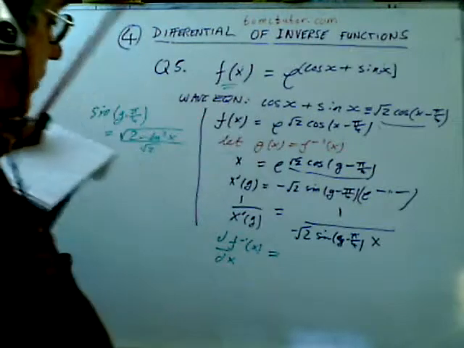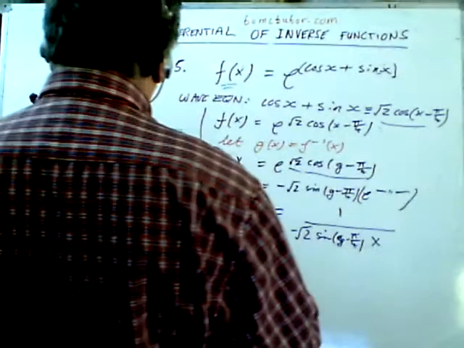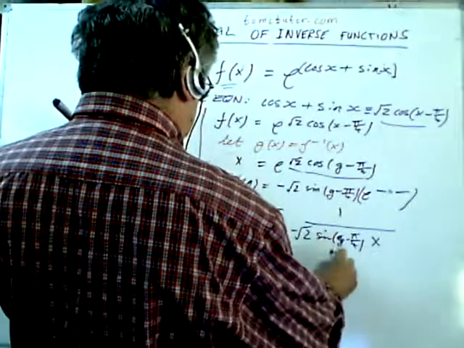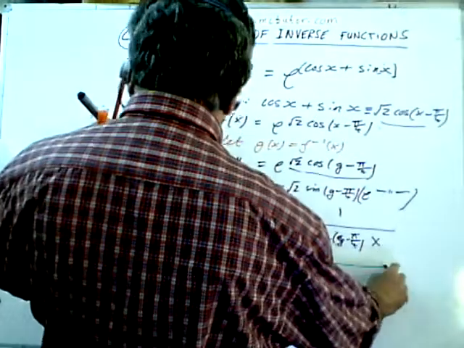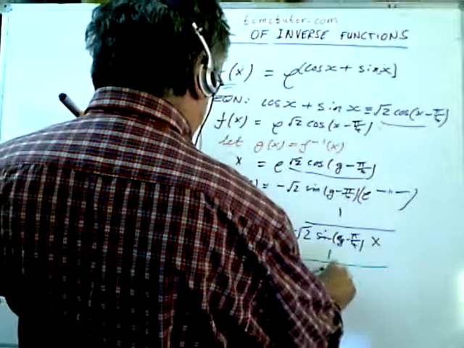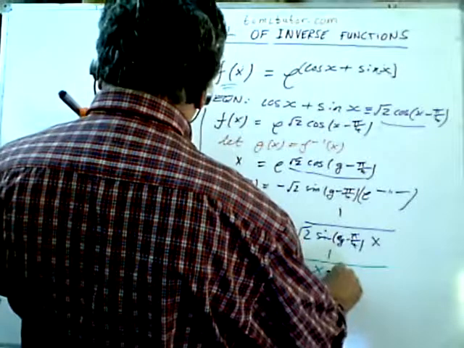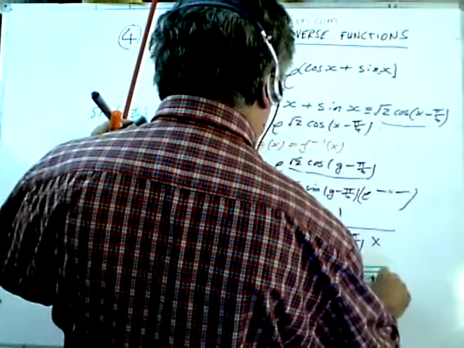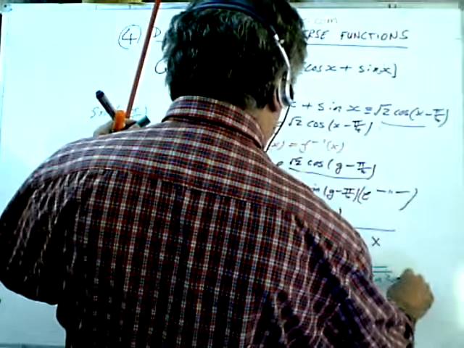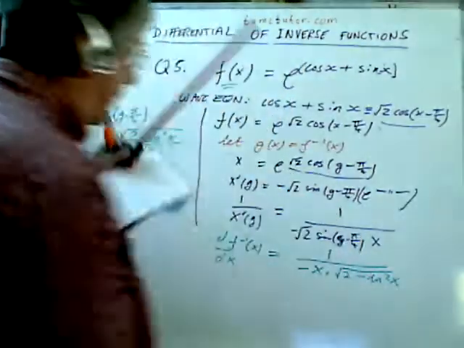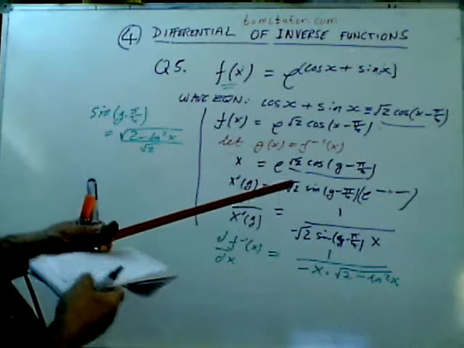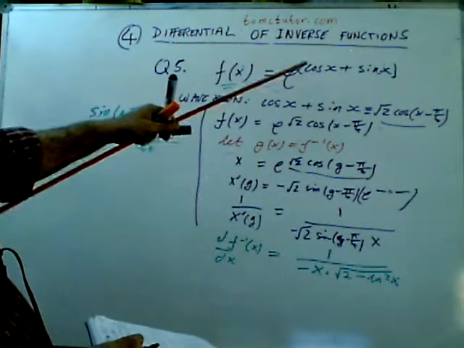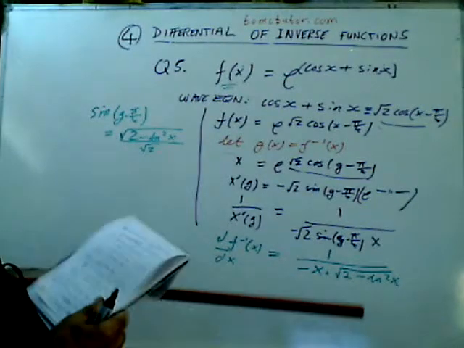It's not in the original question. So if I'm right, the answer should be minus x times the square root of 2 minus the log squared of x. So that is the differential of the inverse function to that.